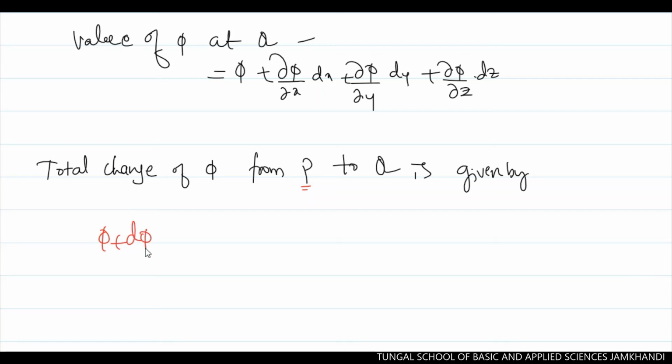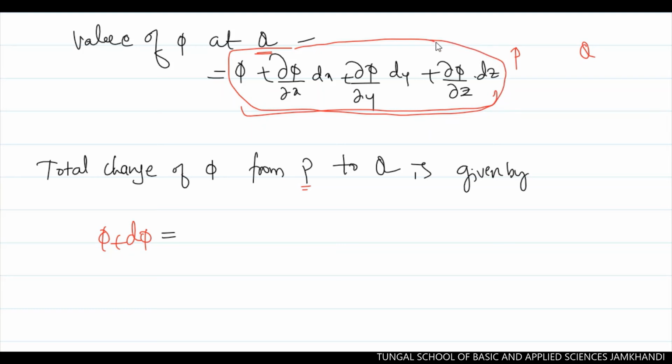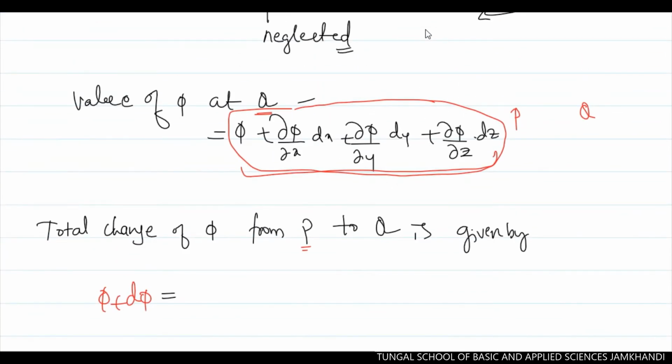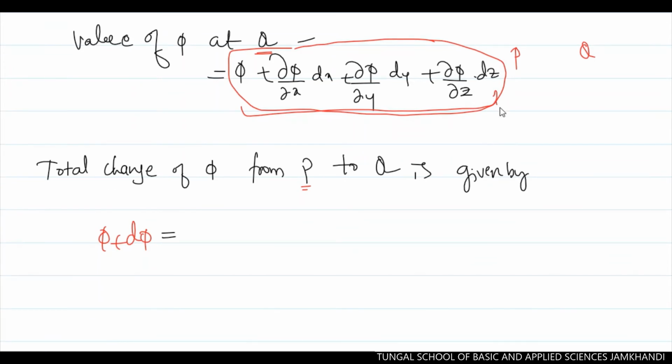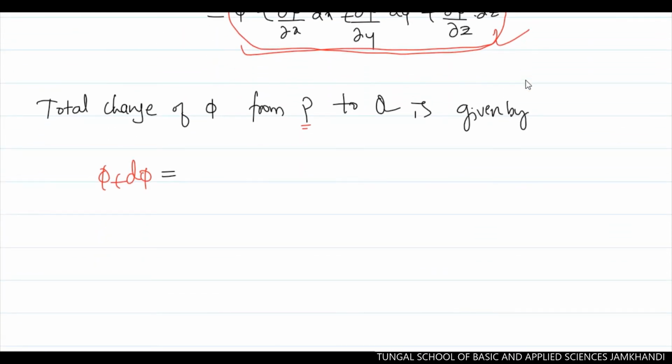So we can write phi plus d phi, because the function is moving from point P to Q. This is the total variation of that function along that particular path, so if you move from P to Q, I can equate these two variations.